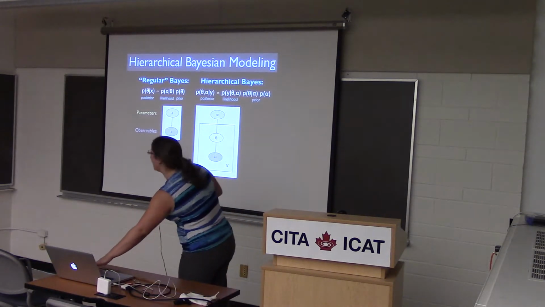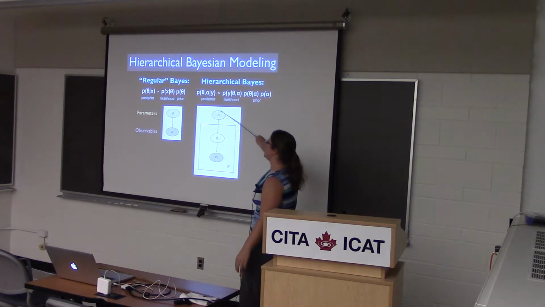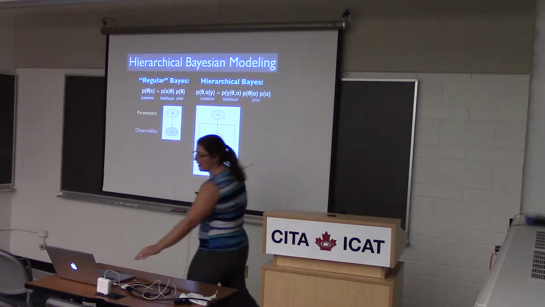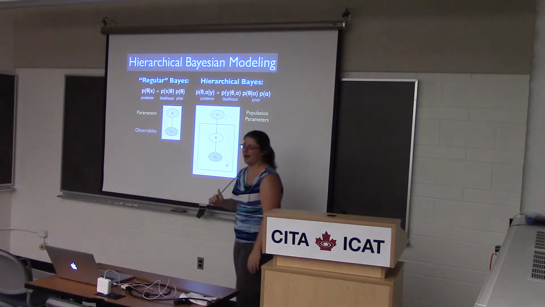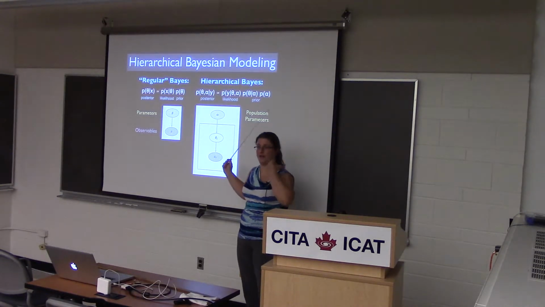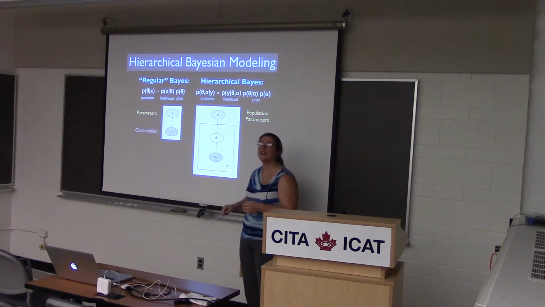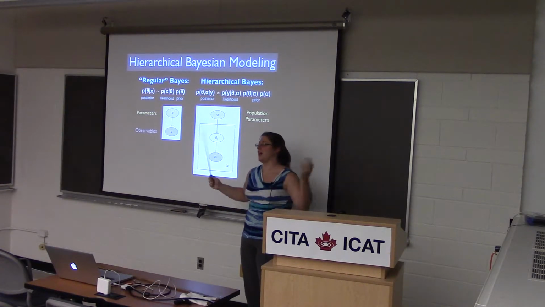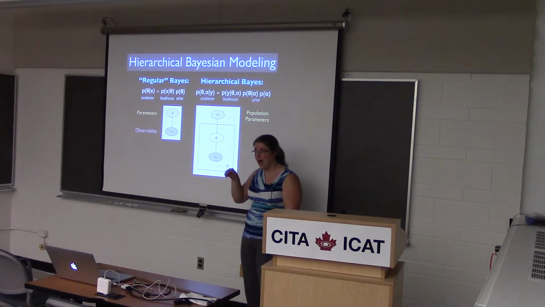Now what we're interested in are these population-wide parameters. Another example of when you want to use this is if you're looking at the mass distribution of planets that have been discovered by RVs, and you're interested in the power law index on that mass distribution.